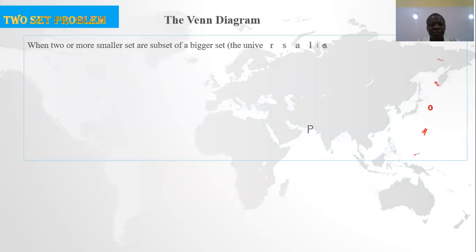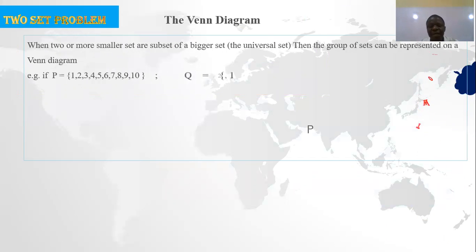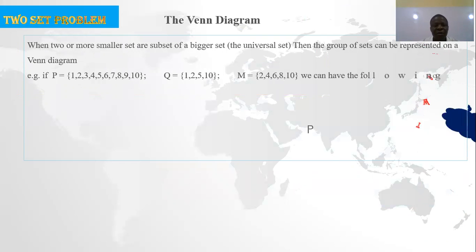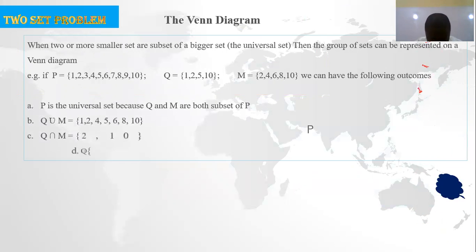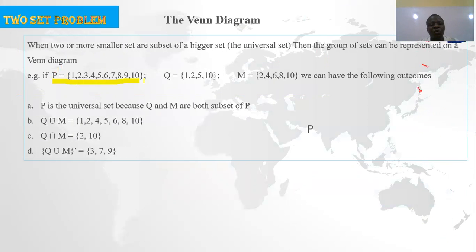So we can illustrate a given set on a Venn diagram if one of the sets happens to be the superset, whereas the others are the subsets. For example, if P = {1 to 10}, Q = {1, 2, 5, 10}, M = {2, 4, 6, 8, 10}, we can confidently say that P is the mother of Q and M. Why?